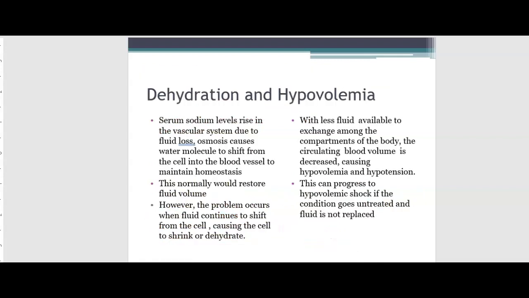So here I talk about a little bit of dehydration and hypovolemia. The volume is low. So you look at this serum sodium level. It rises in the vascular system due to fluid loss. Osmosis causes water molecules to shift from the cell into the blood vessels to maintain homeostasis. Remember we talked about homeostasis earlier in the book?